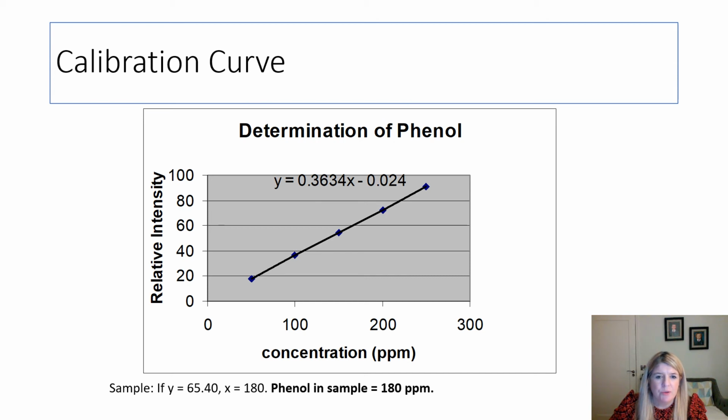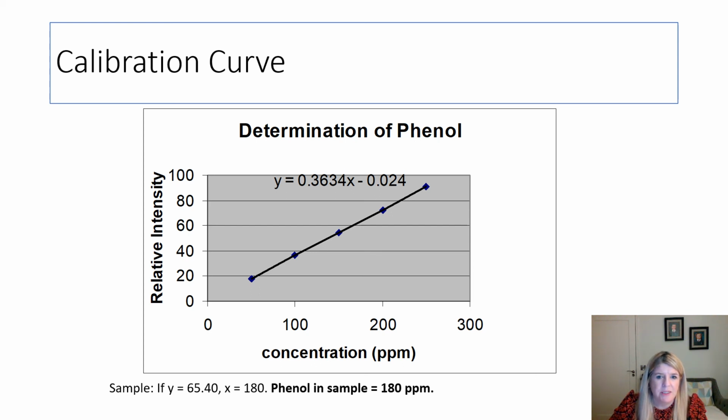So then we're going to do a graph, and you see we have relative intensity on the y-axis, and we have concentration in parts per million on the x-axis. And here's my equation of the line, and I have a nice linear response here for my 5 standards. So you just pop your unknown sample into the y value, actually.